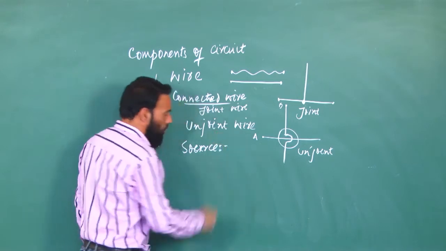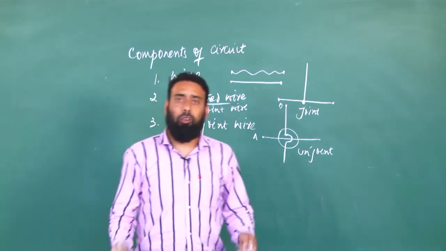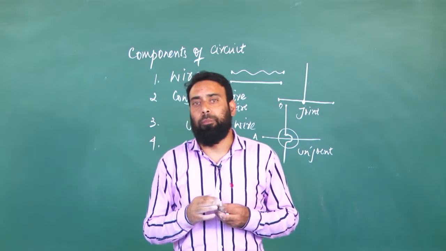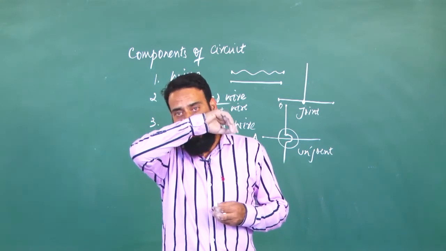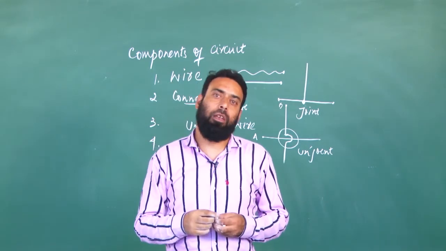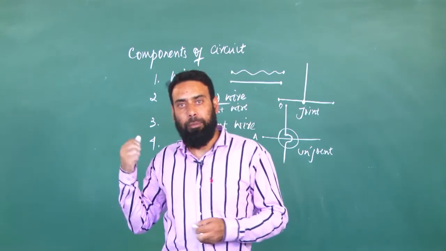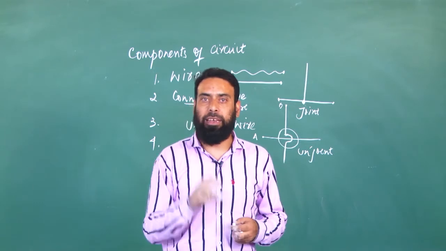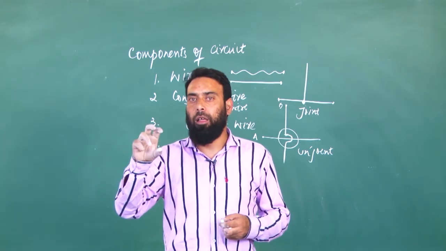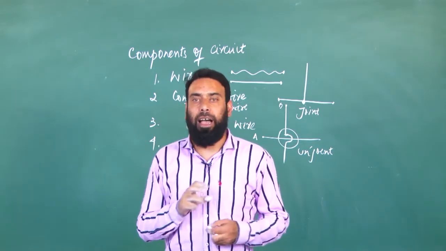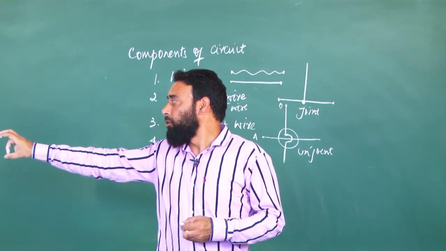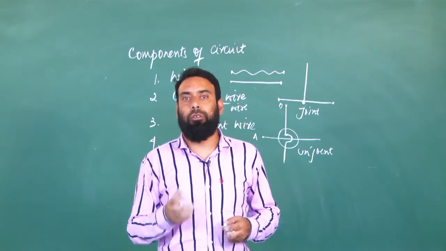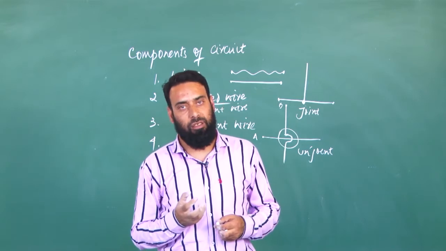Source. In order to provide a potential difference, like when we use an iron to iron clothes, we use an AC source. We connect the lead cord of that iron to the socket, and that socket gives a source of potential difference.